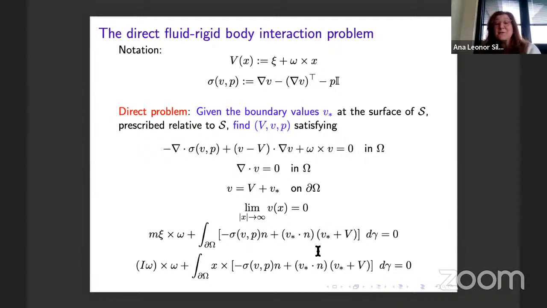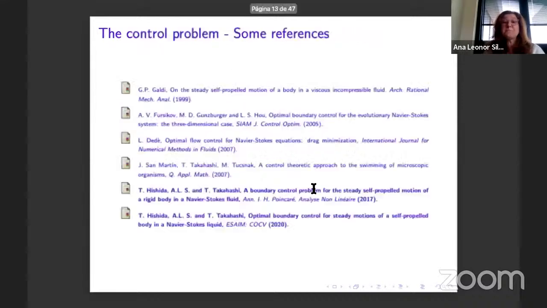I am going to take this opportunity to recall that, for instance, if we are considering tangential boundary values as the generator of the self-propelled motion, these terms here are going to disappear and the equations become a little bit simpler. But still, v star is here on the surface of the rigid body.